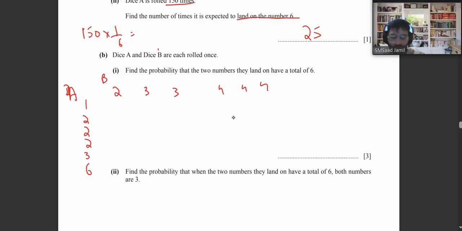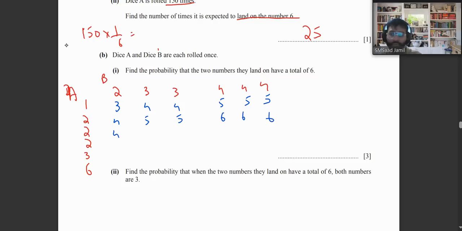So look how many times 6 is coming. Let me use a different color for you guys over here. 1 plus 2 is 3, 1 plus 3 is 4, 1 plus 4 is 5. Then 2 plus 2 is 4, 2 plus 3 is 5, 2 plus 4 is 6.